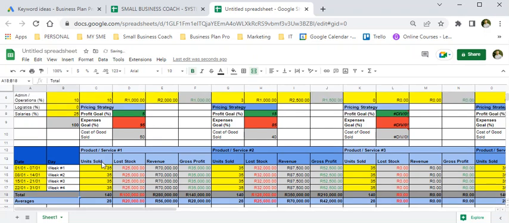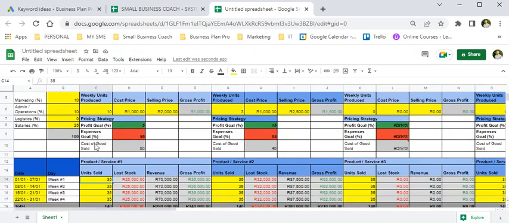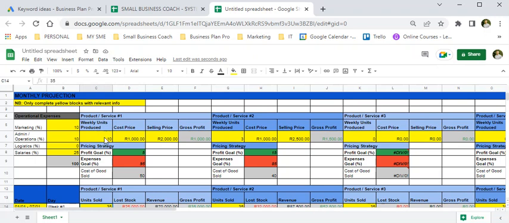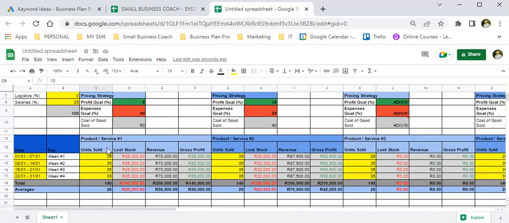There we go. Right, we said we're going to sell 30 pairs of shoes for the month, which means we need to produce about 10 per week to make sure we don't run out of stock. And if I'm going to sell 30 per month, it's about 7.5 per week.